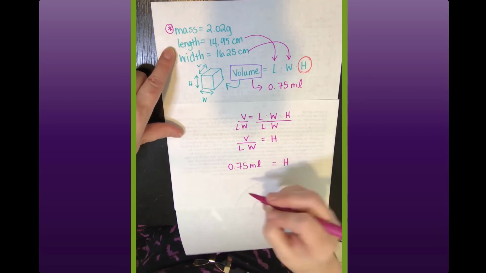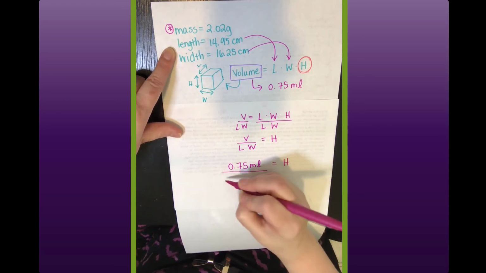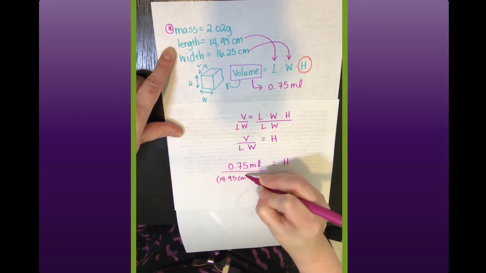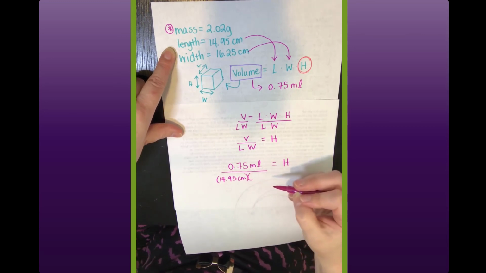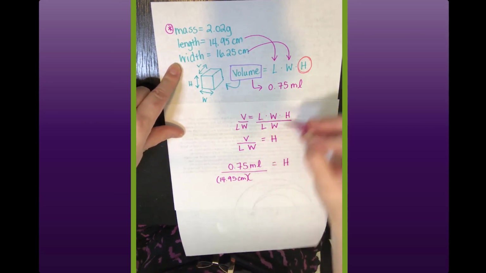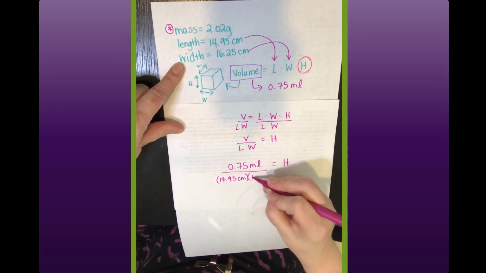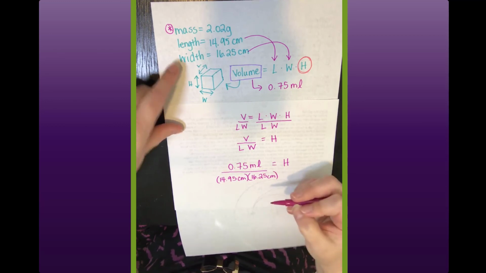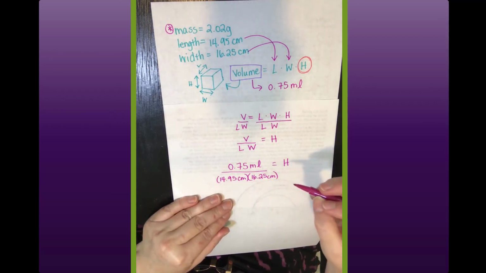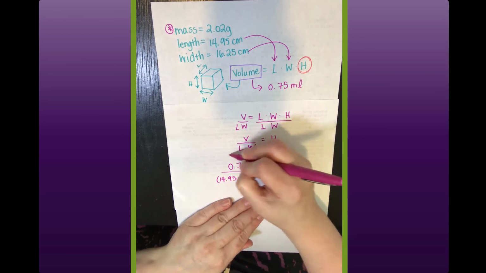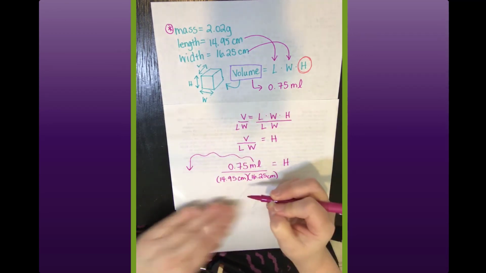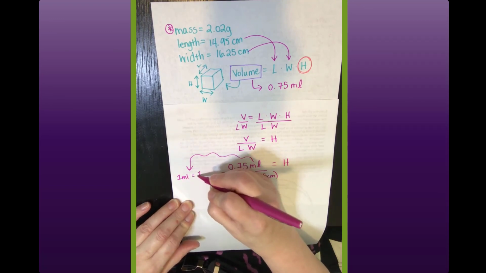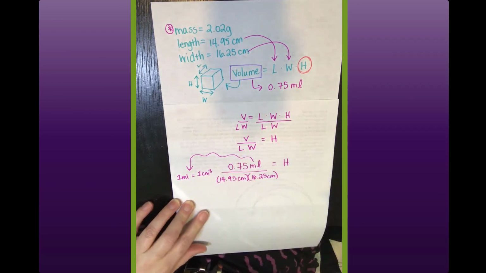And then our length was 14.95 centimeters. Don't worry about the centimeters and the milliliters. We're going to come right back to that. Width is 16.25 centimeters. And we know that 1 milliliter is equal to 1 centimeter cubed.